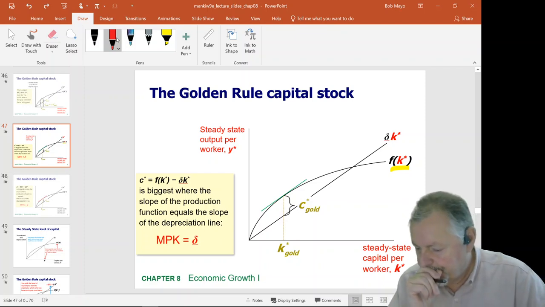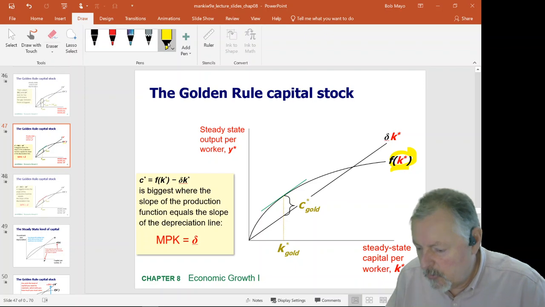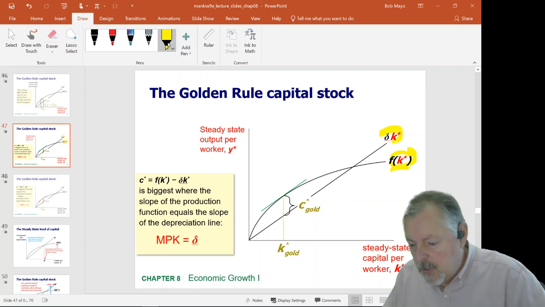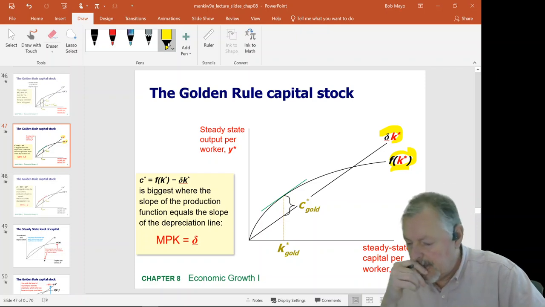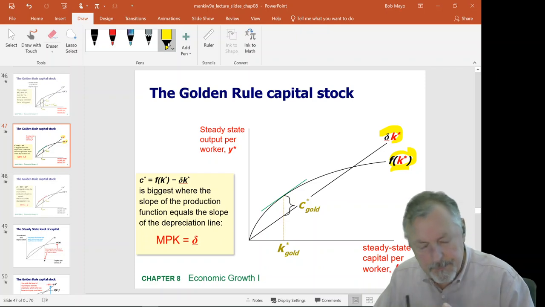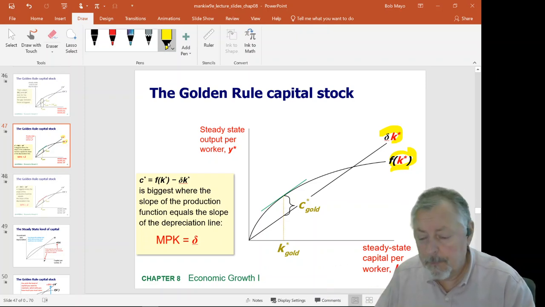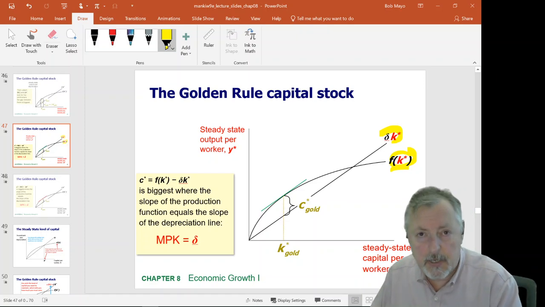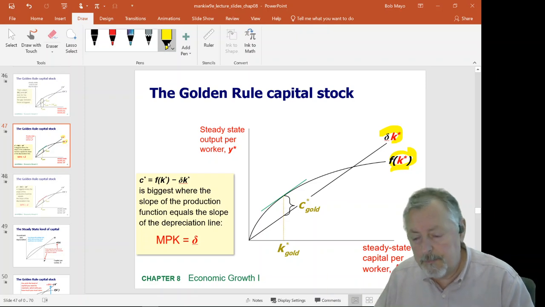If this is total output, and this is how much capital you're losing every time period, in a steady state, and I'm not saying which one, but just a steady state, the amount of capital you're losing is equal to the amount of capital you're creating, because its total isn't going up or down.